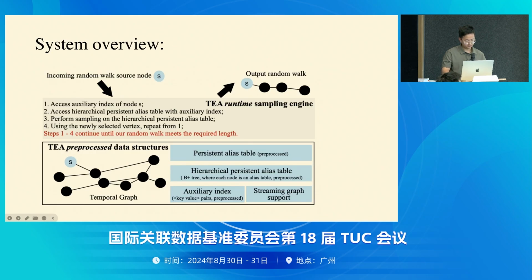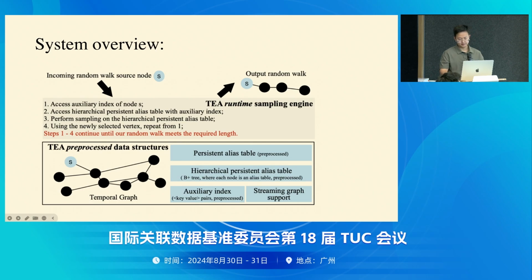For the workflow of T, it first prepares data structures including the persistent list table, hierarchical persistent list table, and auxiliary index. In summary, it will first access the auxiliary index of vertex S. Then it accesses the hierarchical persistent list table.